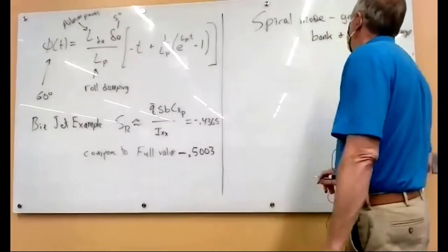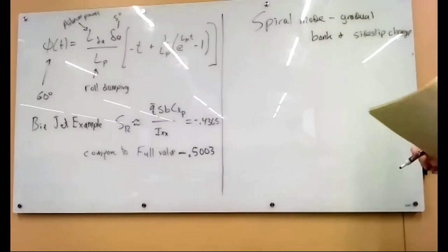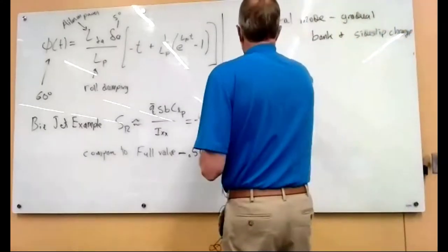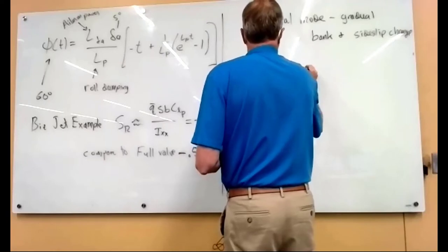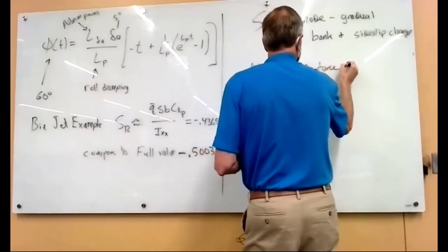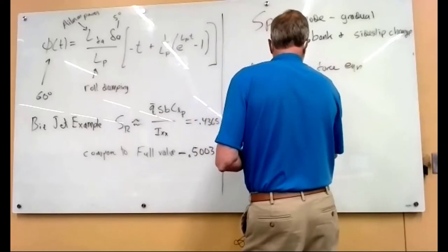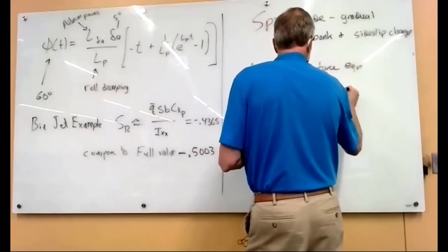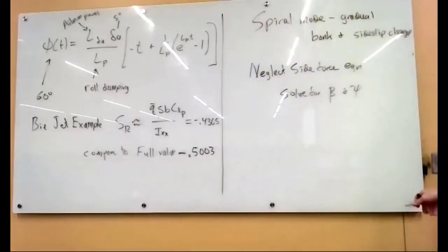So it turns out that you can approximate this as a gradual banking and a gradual side slip. And so we're going to neglect the side force equation and solve for beta and psi. So we knock out the roll equation because that's all in the roll mode.